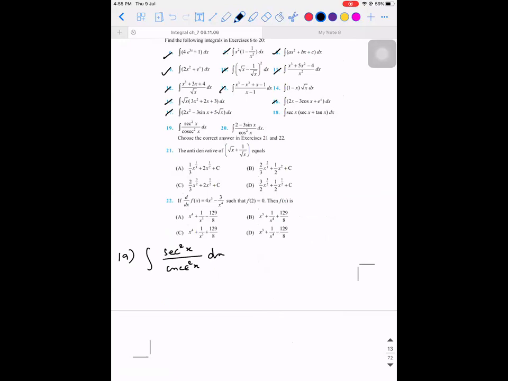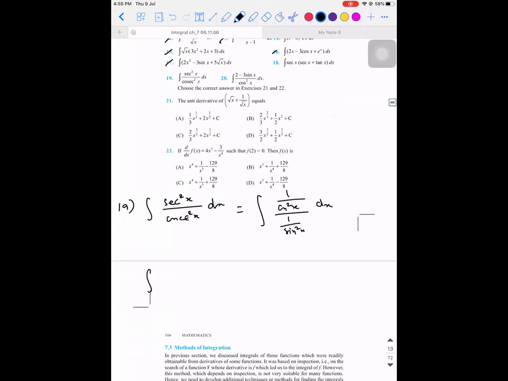So wherever you see secant square in combination with cosecant square, convert them in terms of sine and cos. When I convert them, I get 1 by cos square x divided by 1 by sine square x. Right? So everybody concentrate here. Sine square will go to the numerator: integral of sine square x divided by cos square x dx.